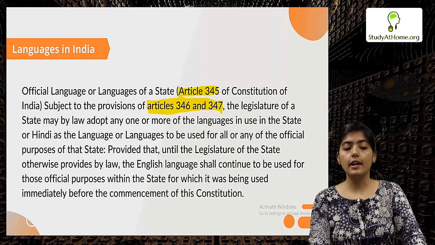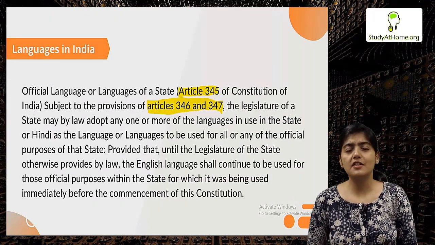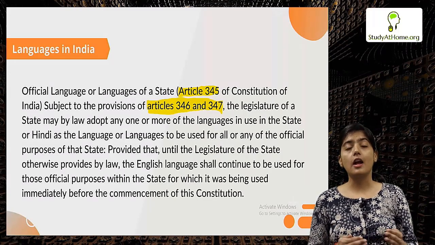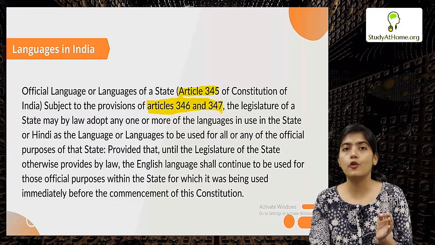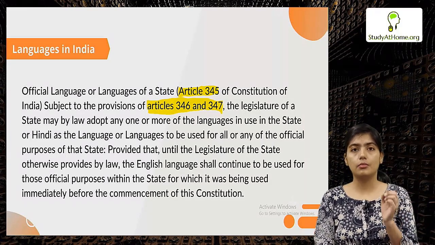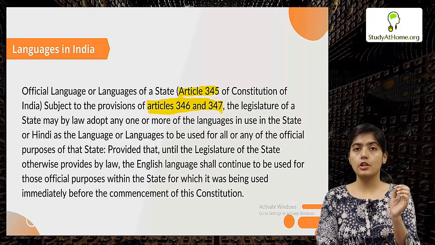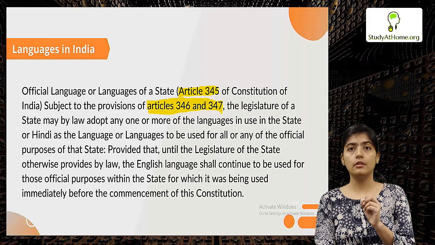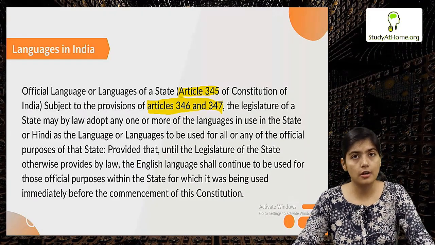Okay. Then after, you can see languages in India. India is a very diversified country, and our nation is known for its diversity and for its languages. There are many official languages, and 22 languages are there as per the constitution of our country.